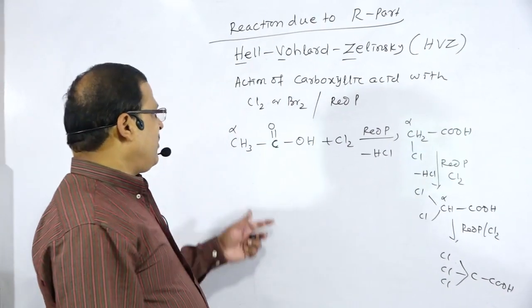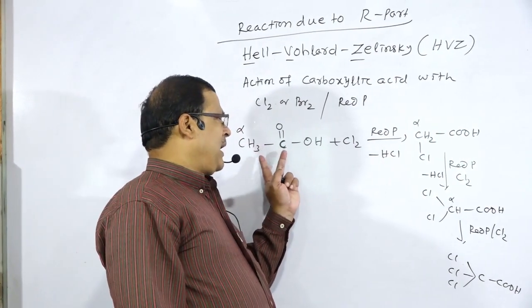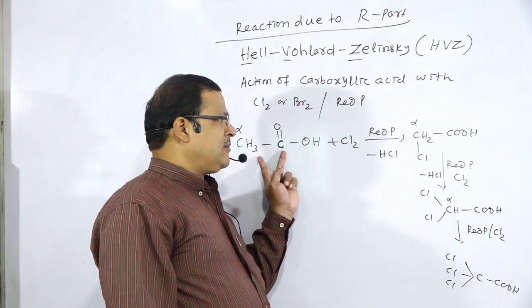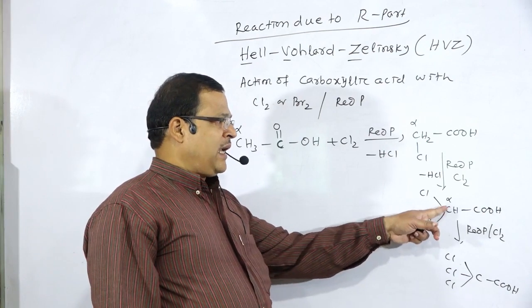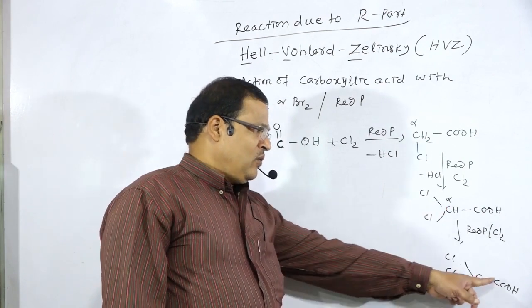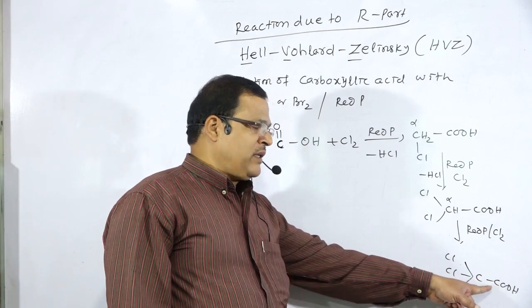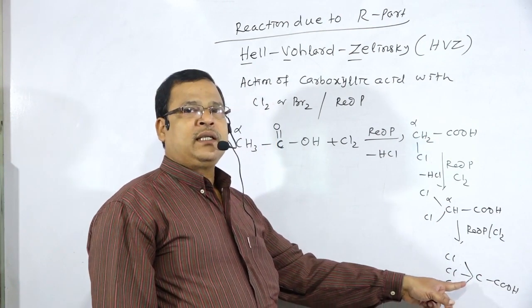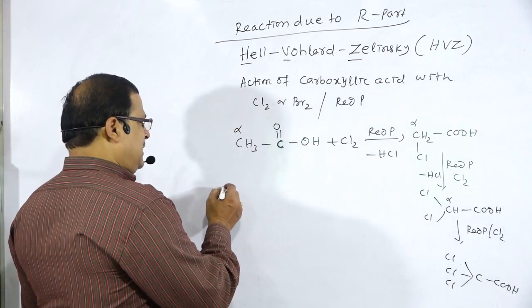So the alpha hydrogen atoms have been replaced by chlorine atoms: ethanoic acid, 2-chloroethanoic acid, 2,2-dichloroethanoic acid, 2,2,2-trichloroethanoic acid or trichloroacetic acid.